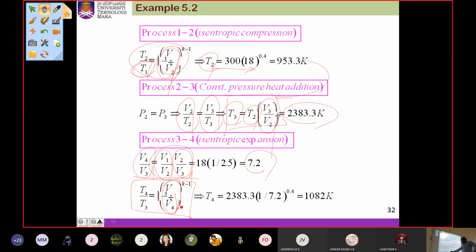Then we know the value for this V3 by V4, and T3, that is 2383.3 Kelvin. So we can substitute. Then the unknown value T4 can be calculated. That value will be 1082 Kelvin.